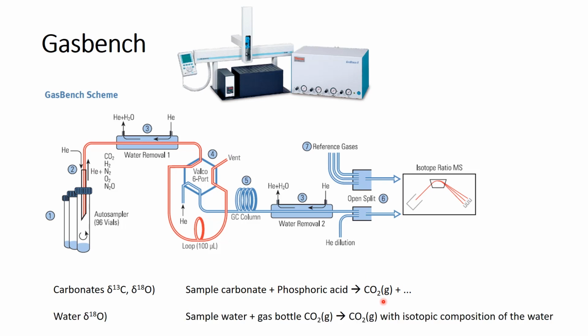For water samples, we use a different technique where we have the sample water in a glass vial. We add some CO2 gas from a gas bottle. We will then get isotopic exchange from the water molecules to the CO2, so that the CO2 gas formed will have the isotopic composition of the water phase, and we can then measure delta O-18 by measuring the CO2 gas.